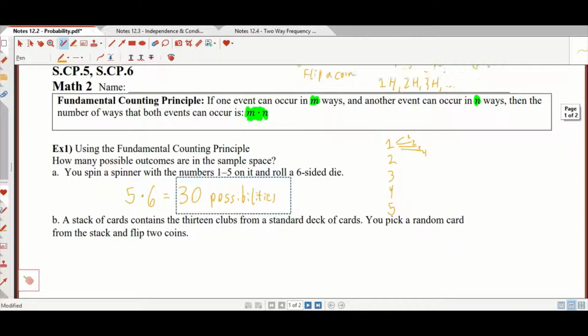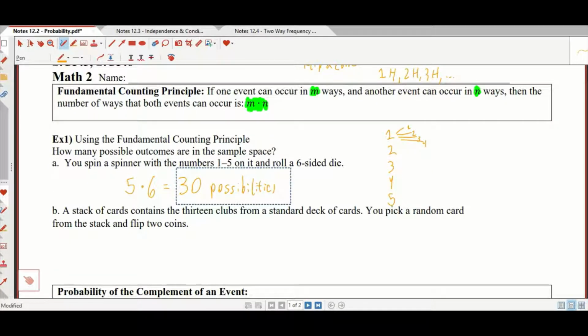A stack of cards contains the 13 clubs from a standard deck of cards. You pick a random card from the stack and flip 2 coins. Well, this stack has only 13 cards, the clubs, times 2 ways to flip the coin once, and then times 2 ways to flip the coin again. 13 for cards, 2 for heads or tails, 2 for heads or tails. So your sample space would look something like: ace, tails, tails; ace, tails, heads; ace, heads, tails; ace, heads, heads; 2, tails, tails; and I mean, we'll be here all night.